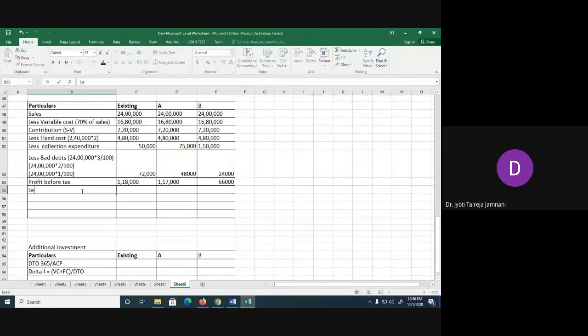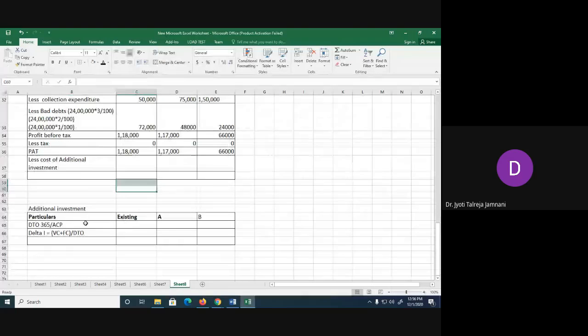From this we do less tax, which is not given. We get profit after tax. Then we do less cost of additional investment, for which we have to find the additional investment.